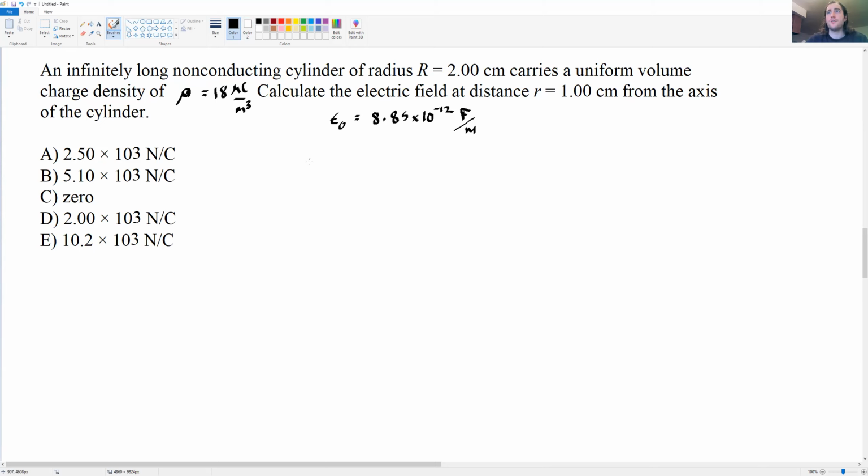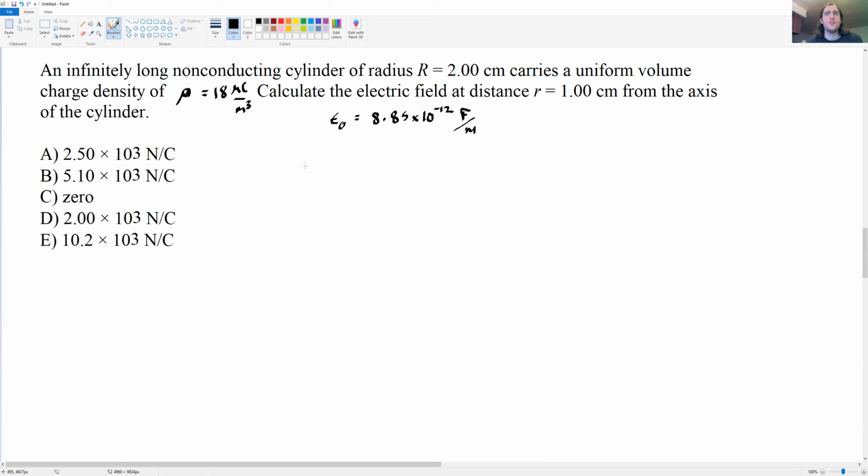So that's a volumetric charge density of 18 microcoulombs per meter cubed. Calculate the electric field at distance r equals 1 centimeter from the axis of the cylinder. So if the cylinder is 2 centimeters, and we're looking at the electric field a distance 1 centimeter from the center, that means we're inside of that non-conducting cylinder, right?